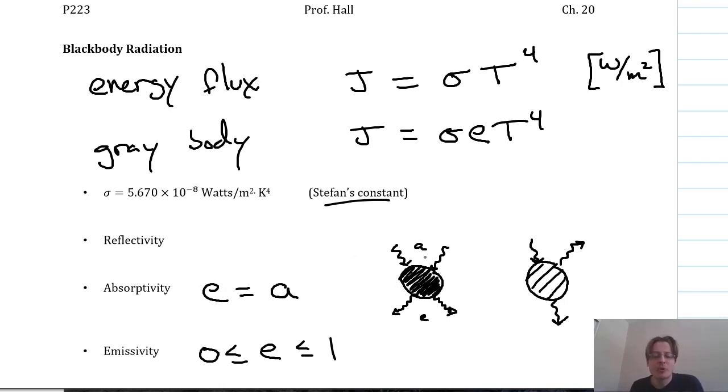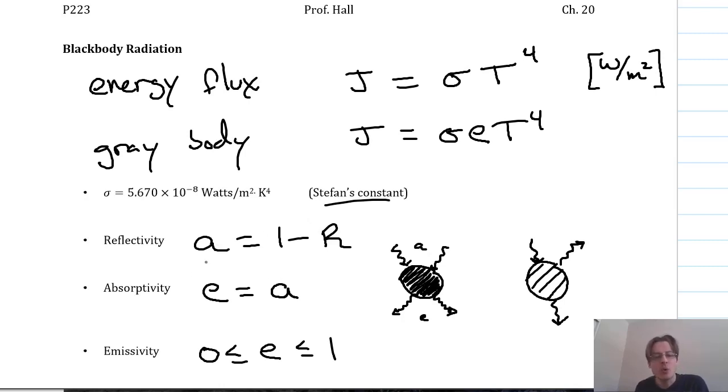A is the percent that it absorbs, but isn't the percent that it absorbs just whatever's left over from reflections? In other words, if something reflects 20% of the radiation that hits it, then that means it's absorbing 80% of it. 1 minus 0.2 is 0.8.